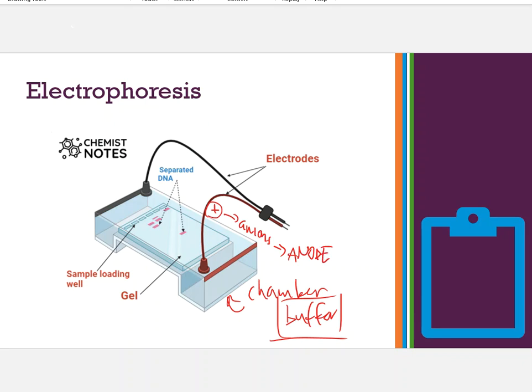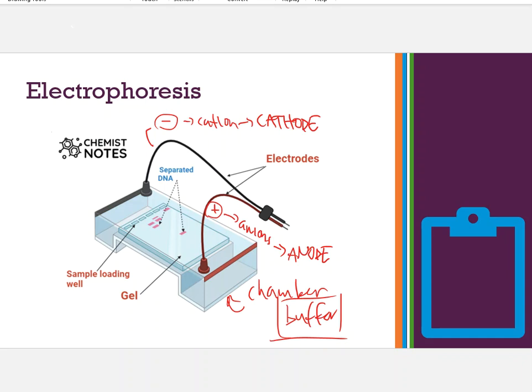The black cable is very often negative, and that negative is attracting cations, and because that's attracting cations, this is called a cathode. So the black one is a cathode, and the red one is the anode.